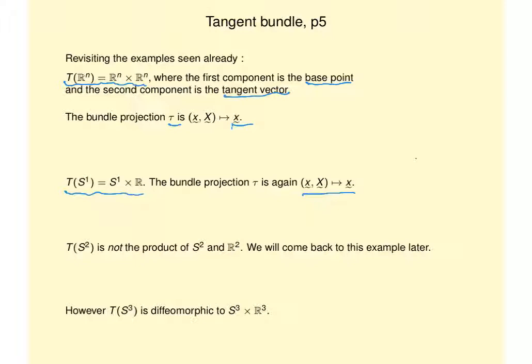The tangent bundle to S2 is not the product manifold, and we'll come back to this example in a little while. But it's still the case that every tangent vector to S2 is associated with a particular point of S2, and that gives us the Tor map. And lastly, the tangent bundle of S3 actually is diffeomorphic to S3 cross R3.